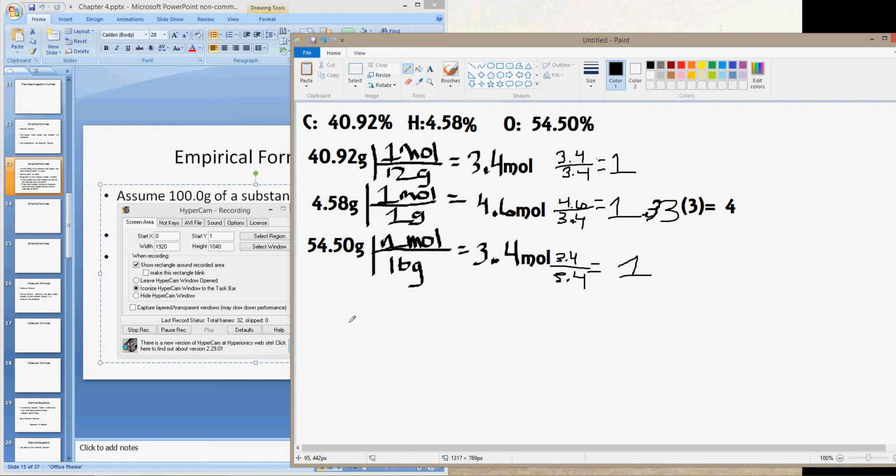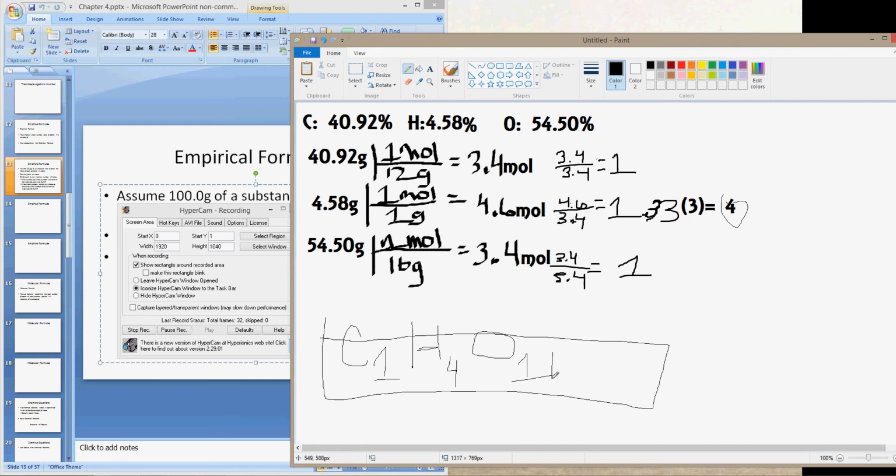So again, to write our empirical formula, it's C subscript of 1, H subscript of 4, and then oxygen subscript of 1, and then that's your empirical formula, and that's it.